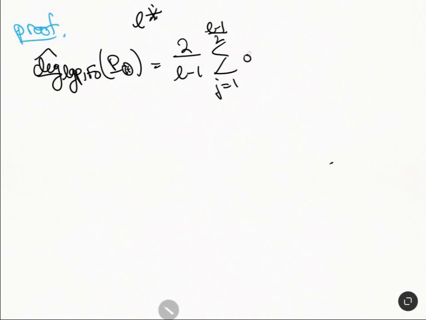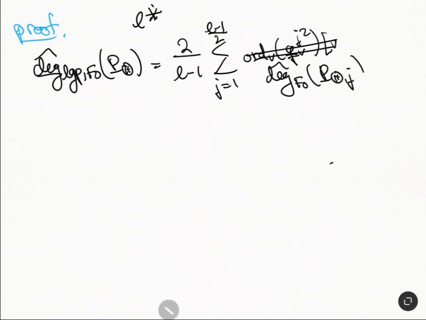And then we do ord V Q double underline V J squared V. Sorry. Let's do it like this. Degree F naught P theta J. And then this thing is 2 over L minus 1, sum of j from 1 to L minus 1 over 2.